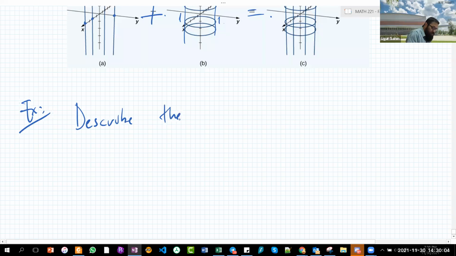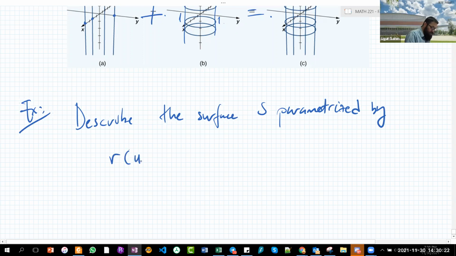Describe the surface parameterized by this vector equation, this vector function.